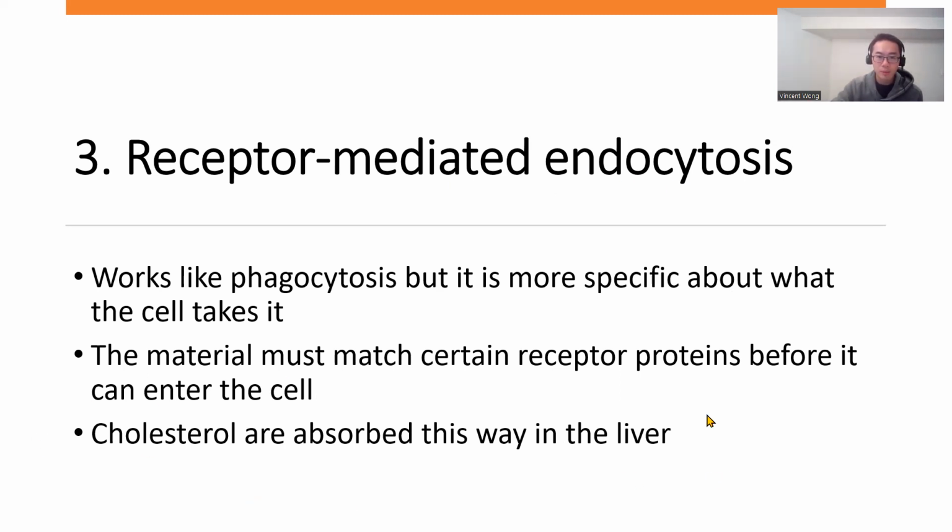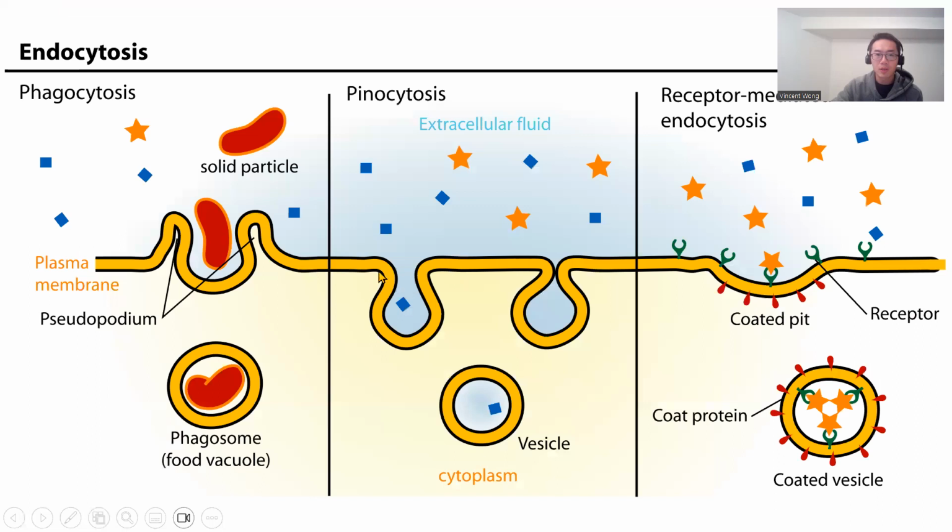So cholesterols are absorbed this way in the liver. And here are 3 pictures that show you side by side how they are different. Okay, so phagocytosis, you bring in the solid. Don't worry about these like pseudopodium, okay? Pinocytosis is you bring in the liquid, which you might bring in some dissolved substances as well.